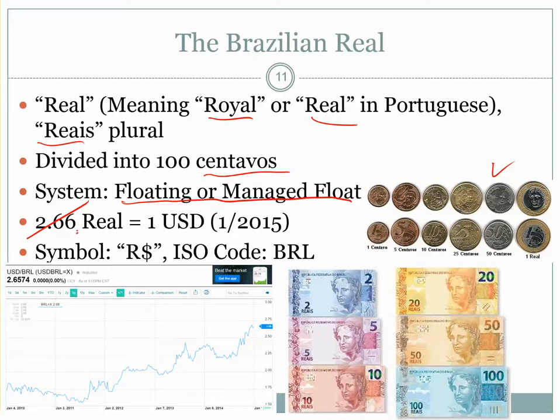This is the real price of $1, and it's now trading at 3.22 real per dollar, which means it costs about 30 cents or 31 cents to buy a real. So if you see something selling for 1 real, that's about 30 cents. If you see something trading for about 3 reais, that would be about $1. So this graph is now out of date. It is blown through there and is now trading up at 3.22.